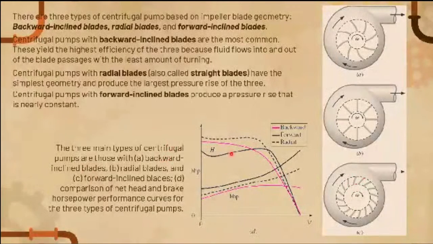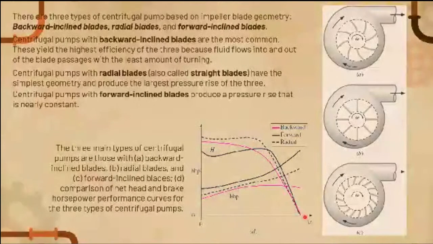So if you look at the performance curve, the backward is here. It actually is in between these two at the beginning. For you to know, this is the same capacity.